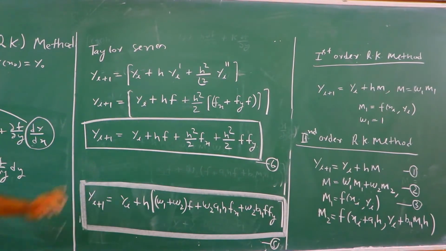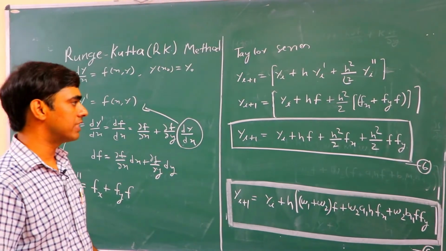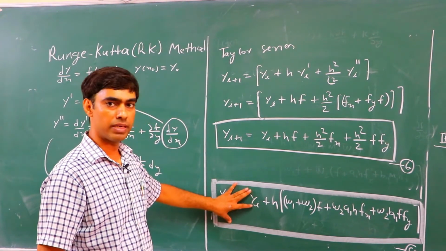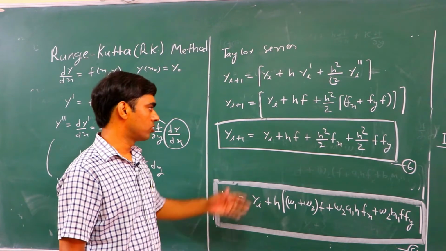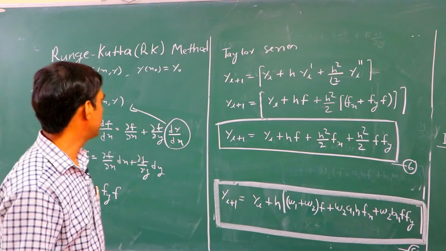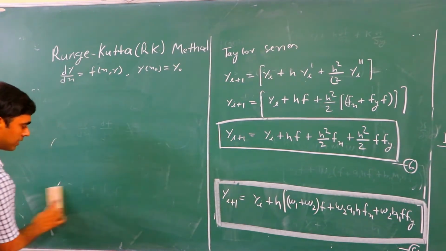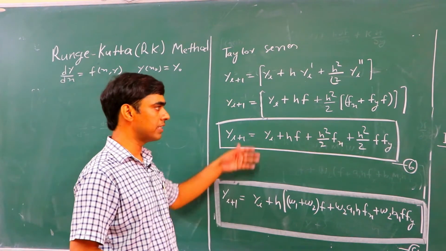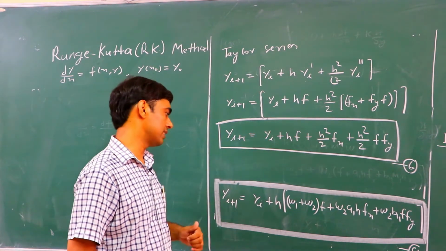Now we compare equations 5 and 6. Equation 6 is obtained by the Taylor-series expansion and the other is obtained by the iterative scheme of RK methods. So we do a term by term comparison of the iterative scheme of the RK method and the expression obtained using the Taylor-series expansion.